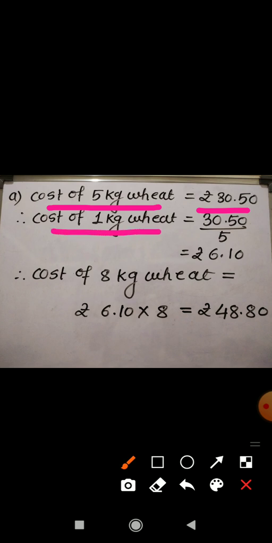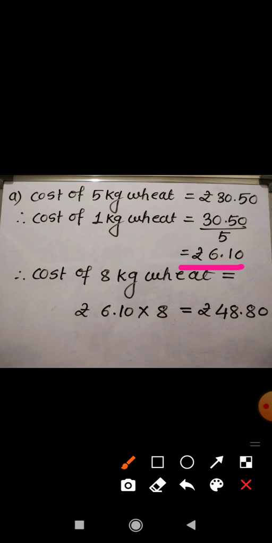Hence the cost of 1 kg of wheat will be 30.50 divided by 5. When you divide 30.50 by 5, you will get 6.10. So 6.10 is the cost of 1 kg of wheat, which means 6 rupees 10 paise.